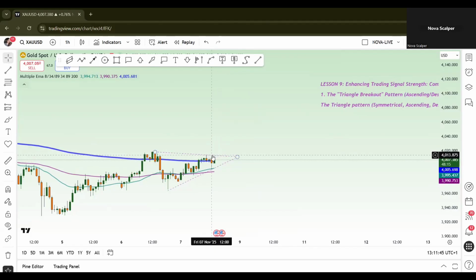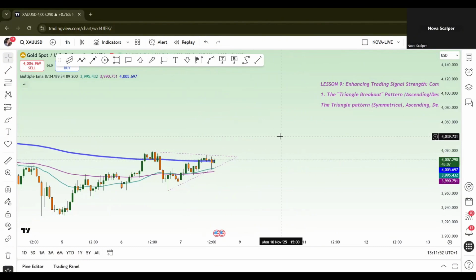If this candle breaks out strongly from this upper trend line, this is the confirmation of the gold market that buyers are coming back and dominating the market.